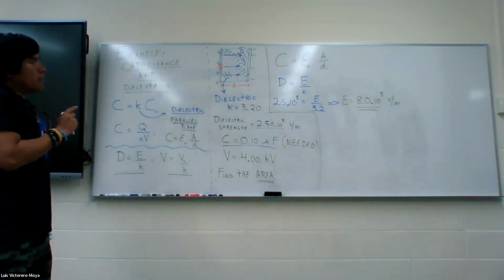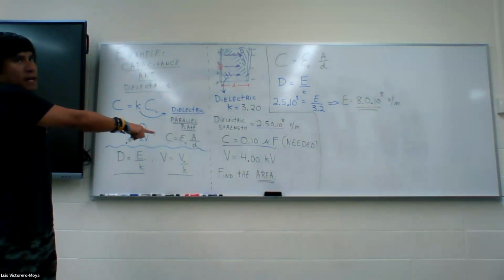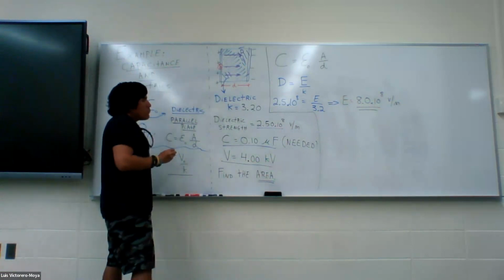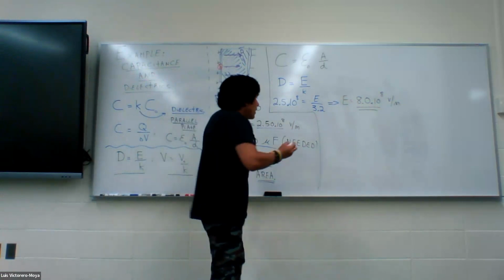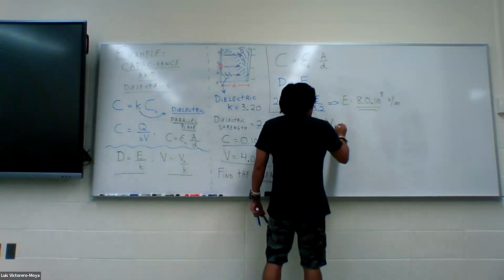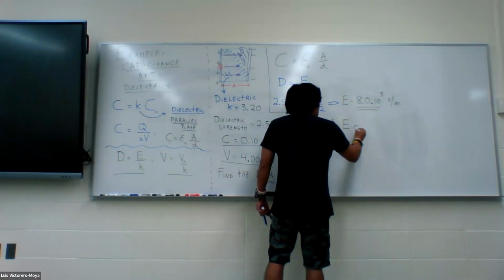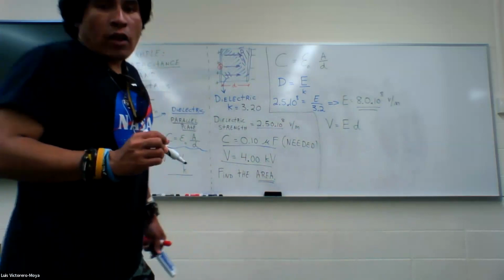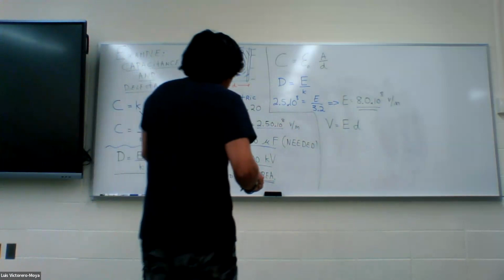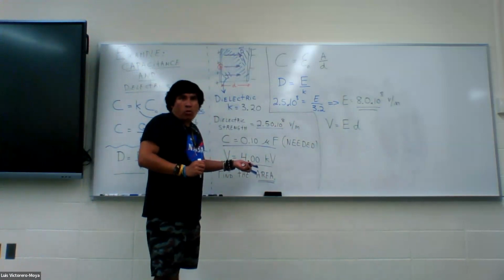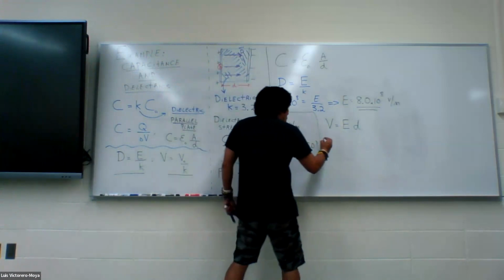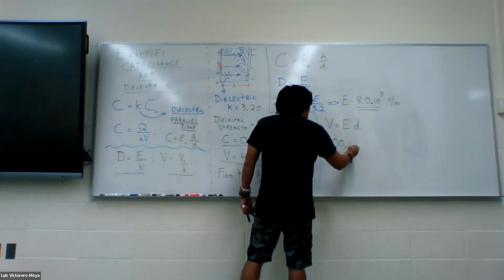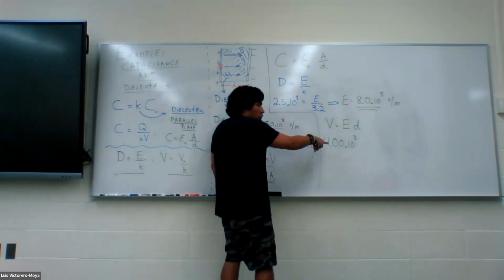If I have the electric field, I can use it to find the distance between the plates by using the electric potential relationship, right? Basically, for a capacitor, V equals E times d. So if I use that equation, the voltage is 4 kilovolts. That's 4,000 volts, or 4 times 10 to the power of 3 volts.